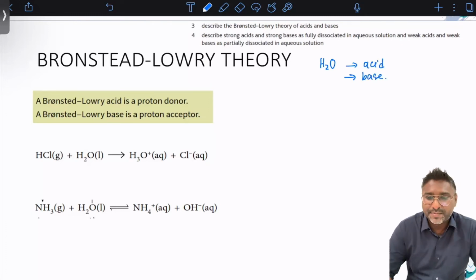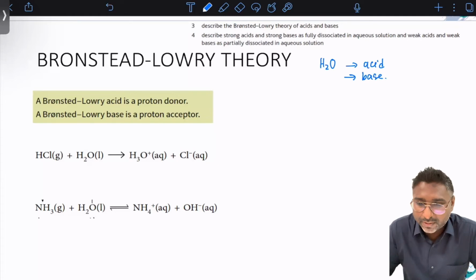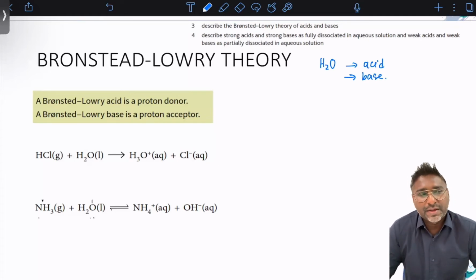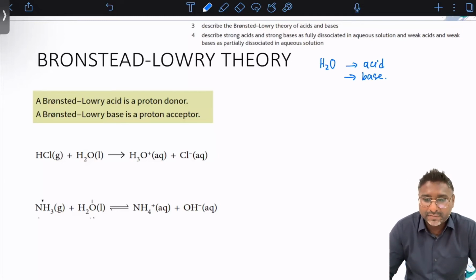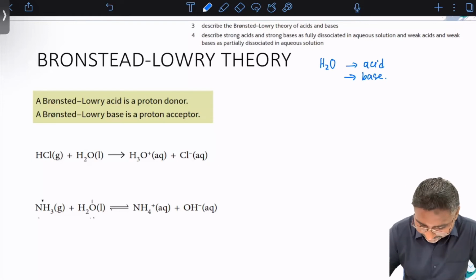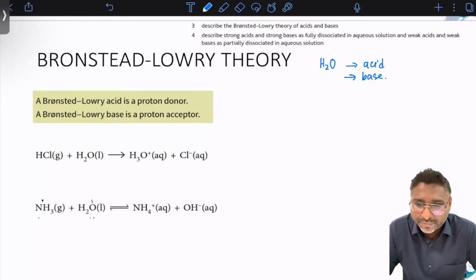That doesn't mean they are acid and base like what you think. You think acid must have pH less than 7, base must have pH more than 7, acid must taste sour, acid must be corrosive. Water doesn't have all that. So why can we classify it as acid and base? This is according to the theory.